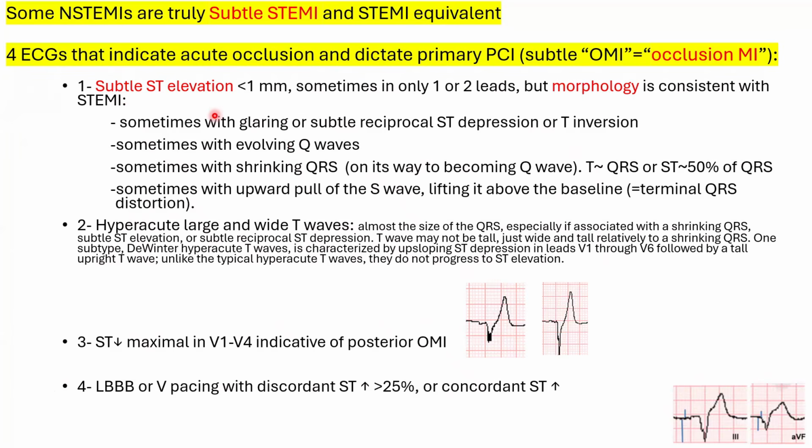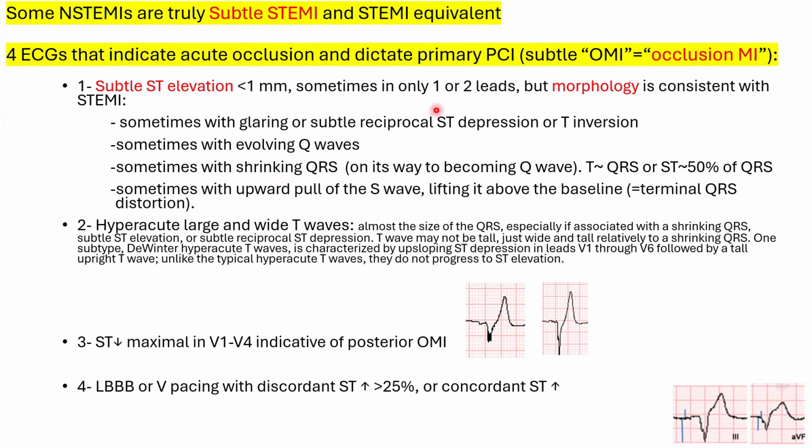And there are 4 major patterns of occlusive MI. I will elaborate particularly on the first pattern, which is the most common pattern and the most frequently missed pattern, which is an ST elevation that is subtle, less than 1 millimeter, sometimes in only 1 or 2 leads, unlike the paradigm that you need to have it in 2 contiguous leads.